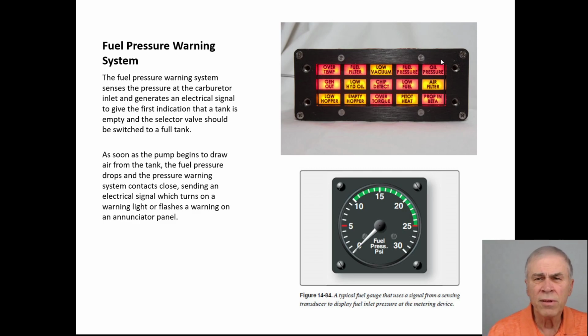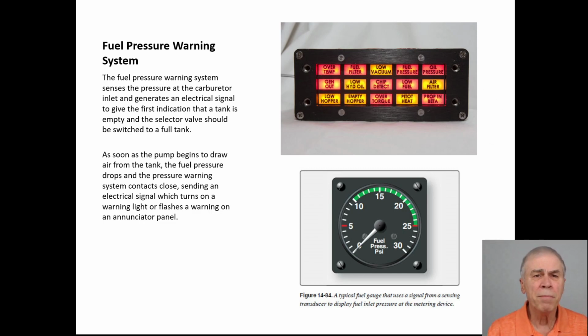And we can kind of see fuel pressure up here on the top, the 4th one over. Fuel pressure warning. You can see a few other warnings too. Oil pressure. If there's a clogged filter, there's an indication. Anything else for fuel? Low fuel. It's going to be about it for fuel.